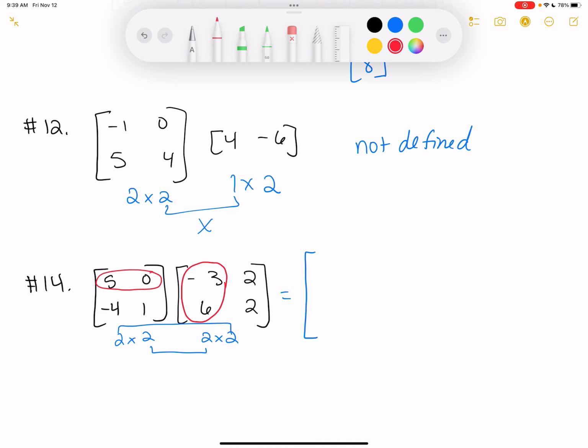So first row, first column is going right here: 5 times -3 plus 0 times 6. That's what's going there.